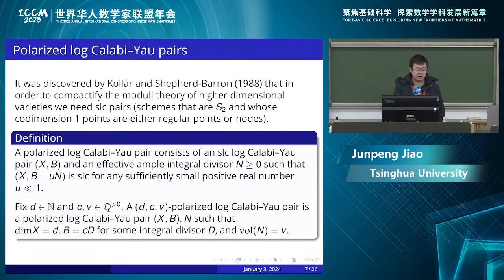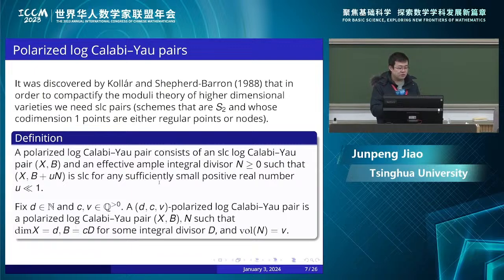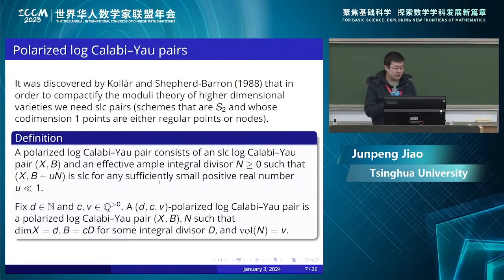A polarized log Calabi-Yau pair consists of an SLC log Calabi-Yau pair (X, B) and an effective ample integral divisor N, such that (X, B + uN) is SLC for any sufficiently small positive real number u.